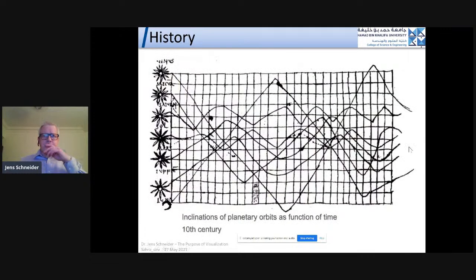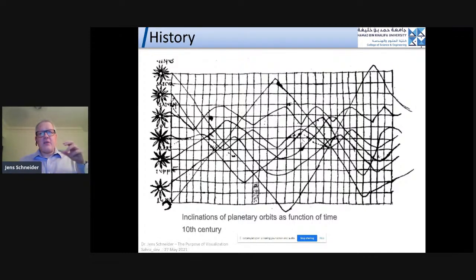Then later in the 10th century, in Europe, the astronomers usually assumed that the Earth is the center of our solar system, and that creates all sorts of troubles. If you track over time the inclination, that is, under which angle you see the different planets and the sun, then you will see all these wobbles.